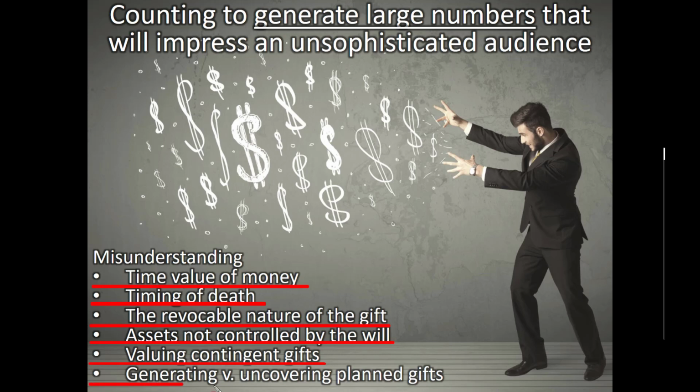And then finally, there can also be a misunderstanding of the value of generating versus uncovering planned gifts. And that's the idea that it's one thing to go through the process to work with the donor to actually generate a new gift in a will that didn't exist before.